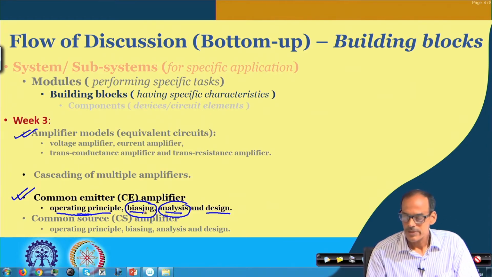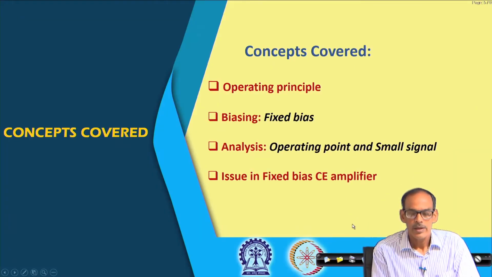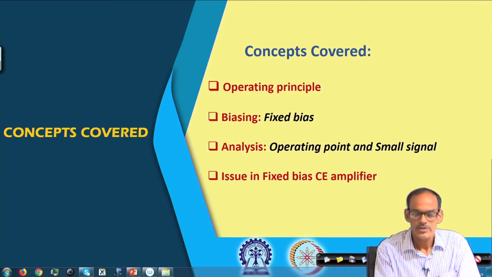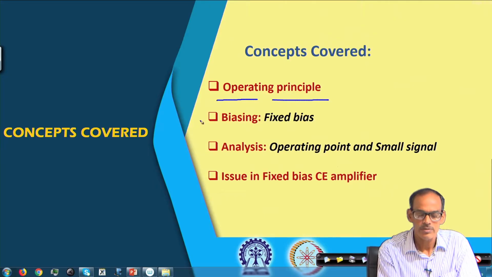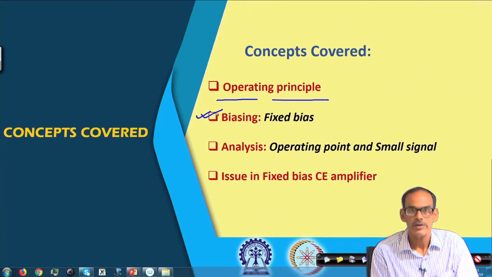So, what are the concepts we are going to cover today? We will start with the operating principle of the CE amplifier, but as I said, we will not go very deep into that. Then the main thing is the biasing of the CE amplifier. In this course we will primarily cover two types of biasing of BJT amplifier.